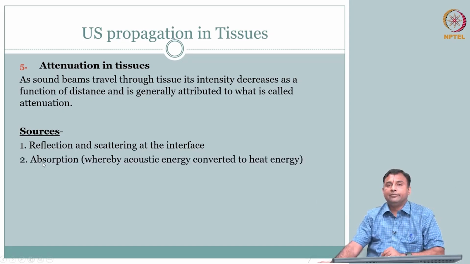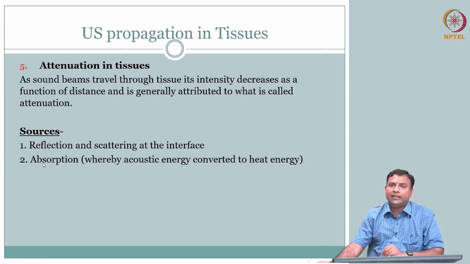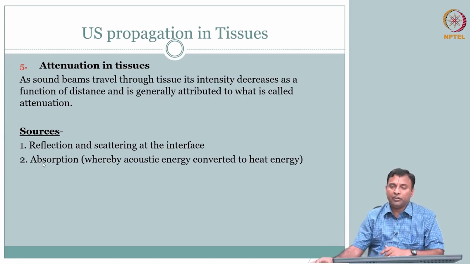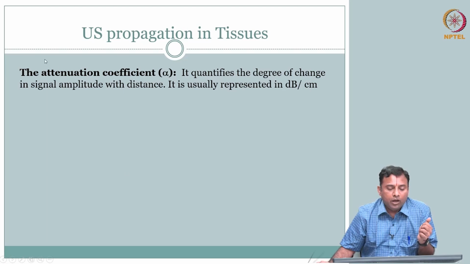Absorption, where the acoustic energy is getting converted to heat energy. After all, you have particles that are mechanically moving, so there is going to be friction and loss due to absorption. Typically what we call the attenuation coefficient quantifies the degree of loss in amplitude with distance.